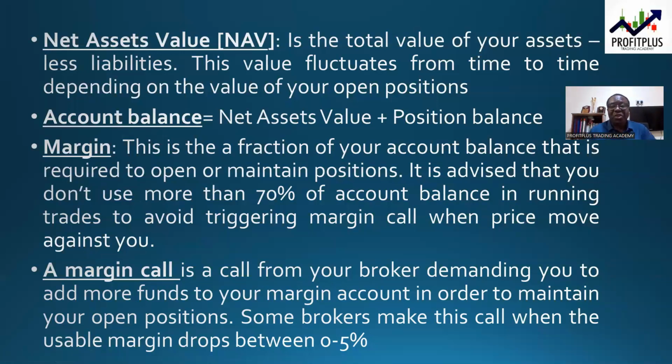Margin is the fraction of your account balance that is required to open or maintain positions. It is the minimum amount of money required to open or maintain a position, and it's advised that you don't use more than 70% of your account balance in running trades, to avoid triggering the margin call when the price moves against you considerably.